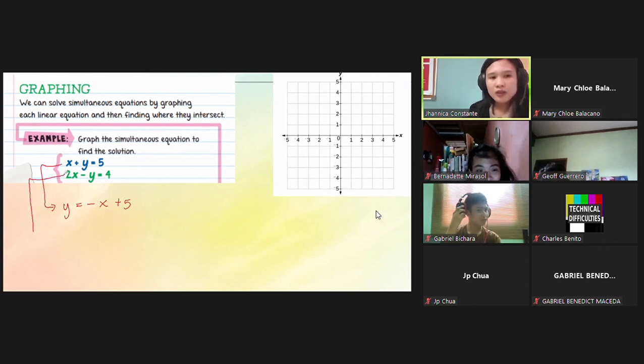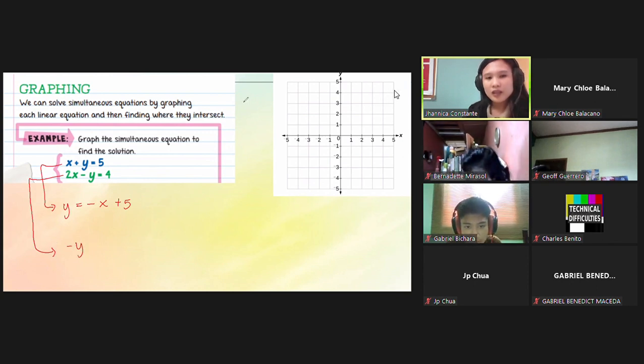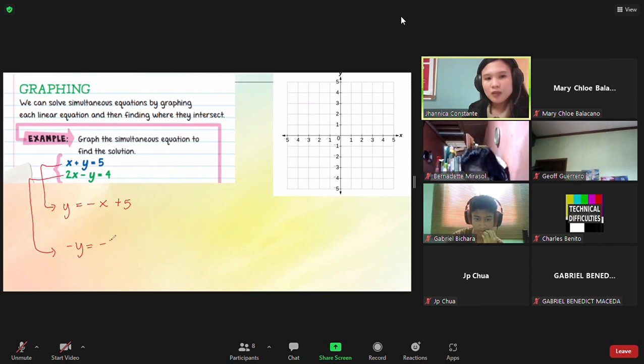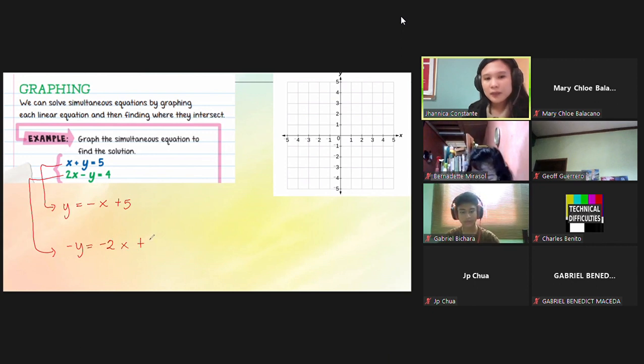For the second equation, we have negative y equals negative 2x plus 4. We should not have a negative sign on the variable y, so we divide both sides by negative 1. The slope-intercept form of our second equation is y equals 2x minus 4.